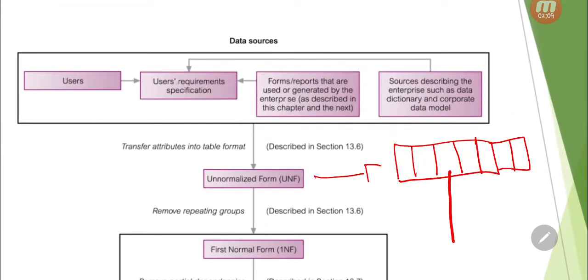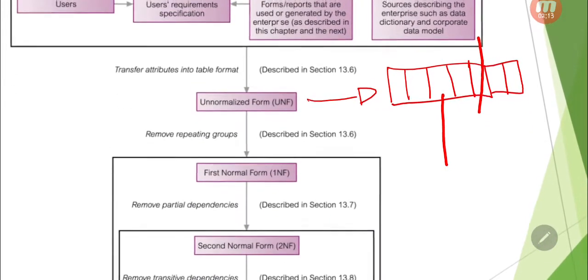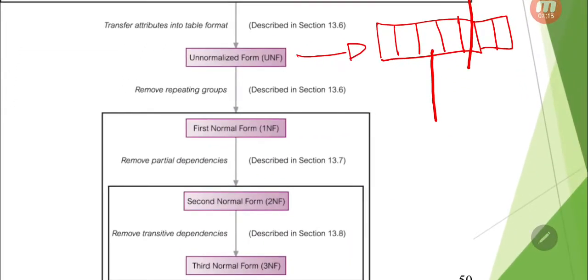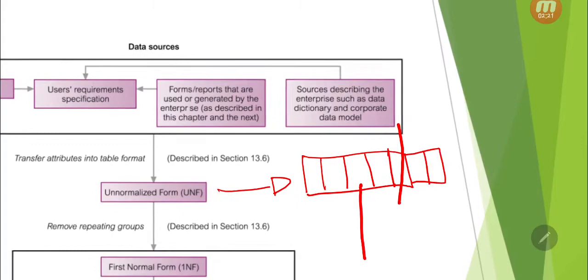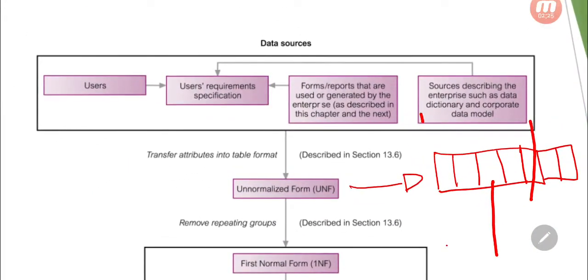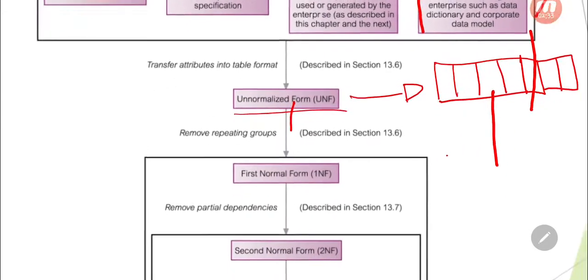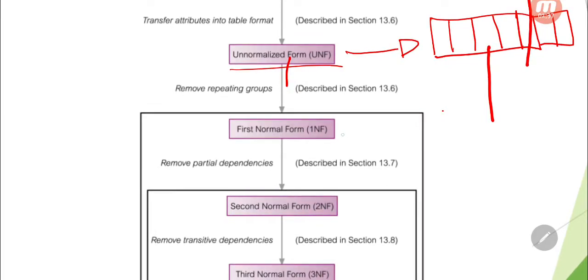And this is what we call unnormalized form. After that, from unnormalized form, we remove the repeating group to make it first normalized form.